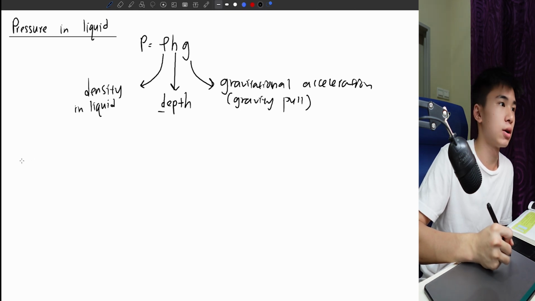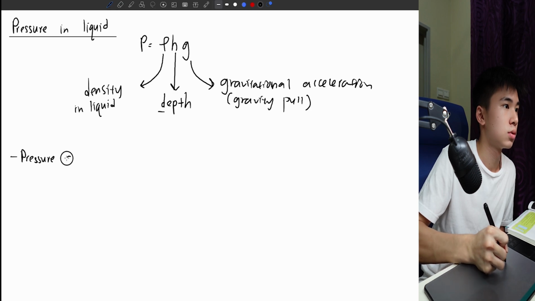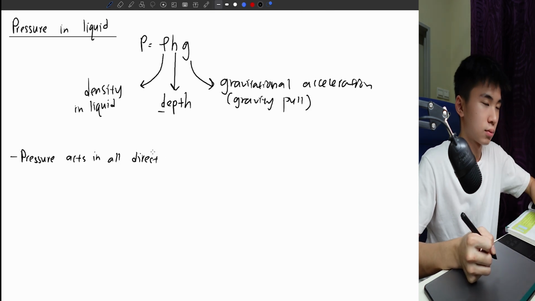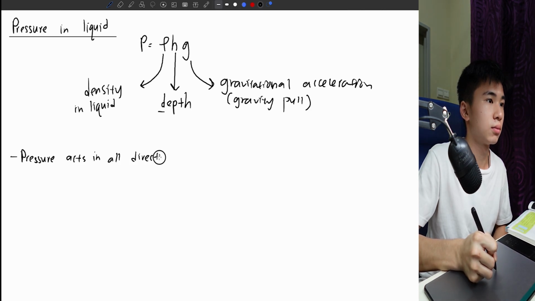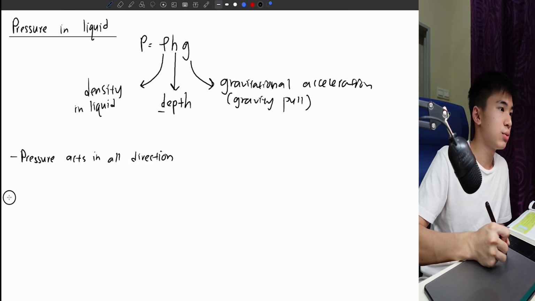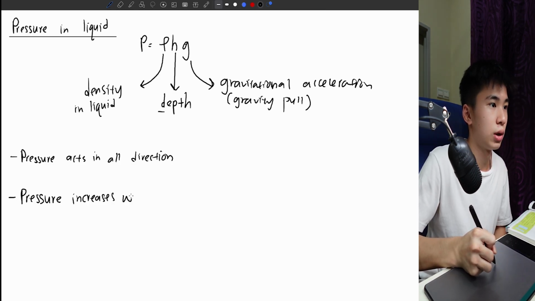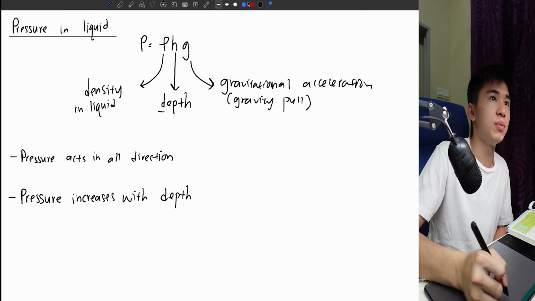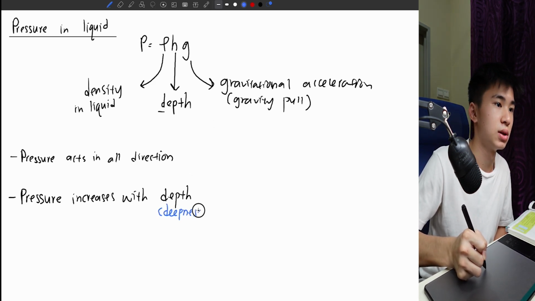And the characteristics of pressure in liquid: pressure acts in all directions. And the next one is that pressure increases with depth, which means how deep it is, the deepness of it.